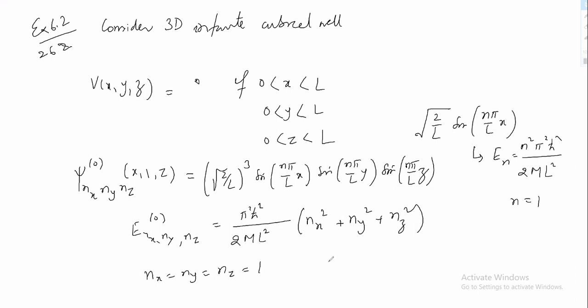That means the ground state unperturbed energy, E0 unperturbed, will be equal to 1 plus 1 plus 1, that is 3 pi square h cross square by twice m L square. This will be the ground state energy for a three-dimensional infinite cubical well.